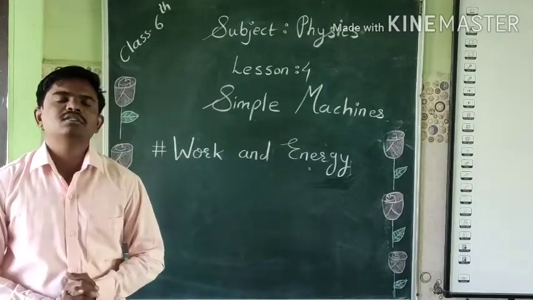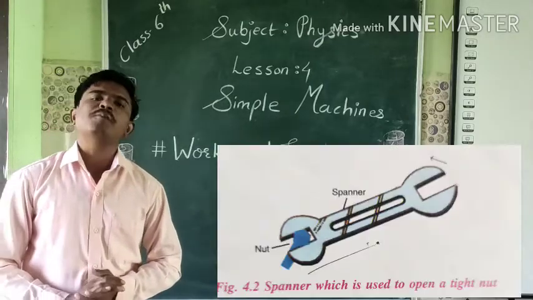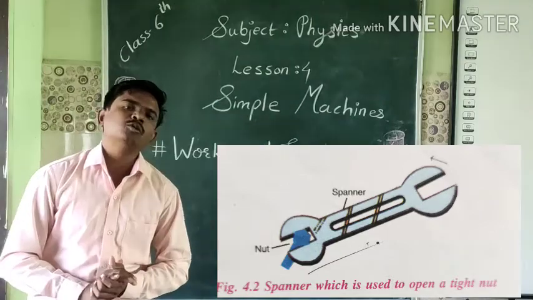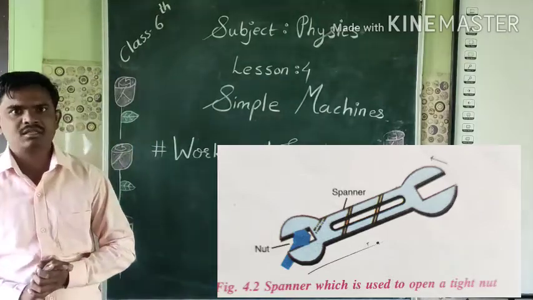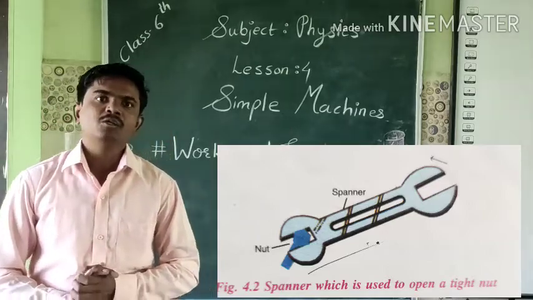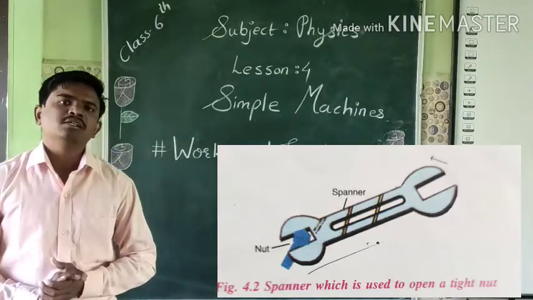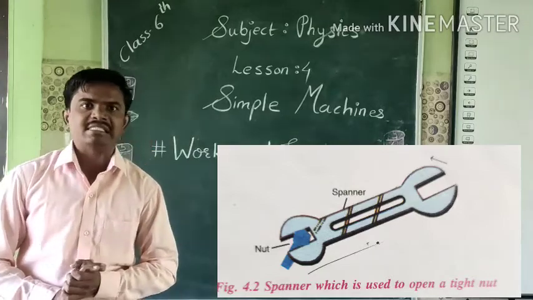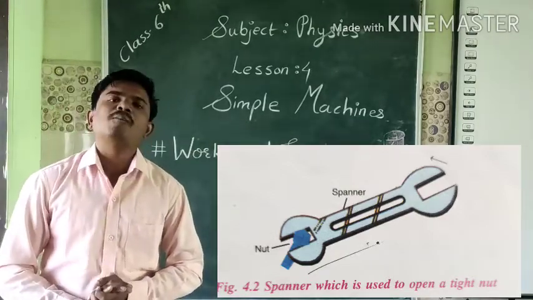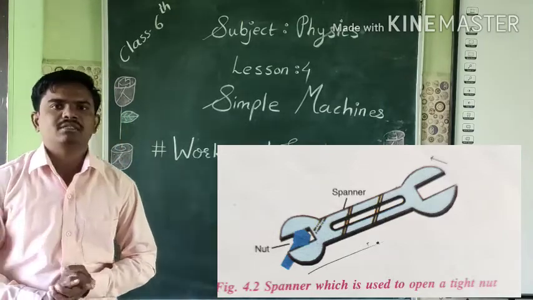Another example: suppose you want to open a tight nut and it's very difficult to open with the fingers. So you take the help of a spanner to open it. So the spanner is used as a simple machine to open a tight nut.